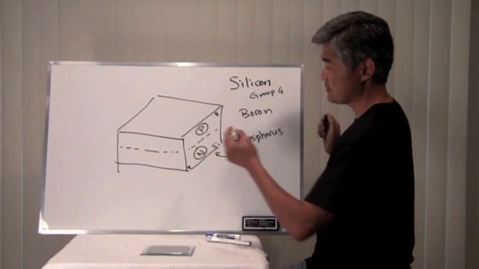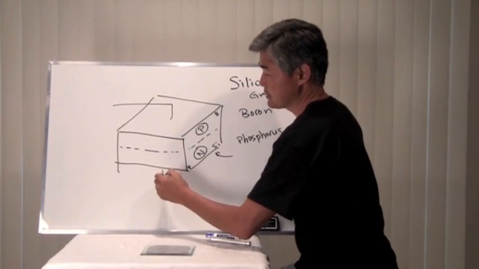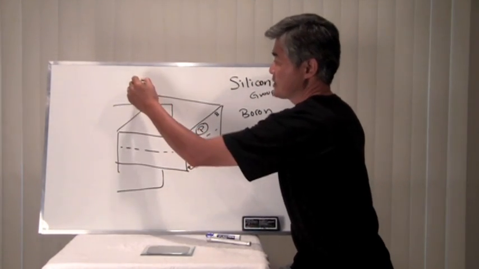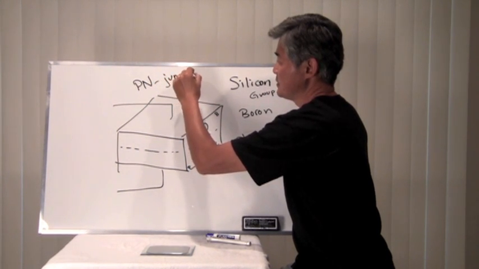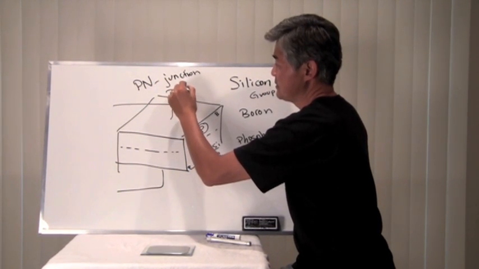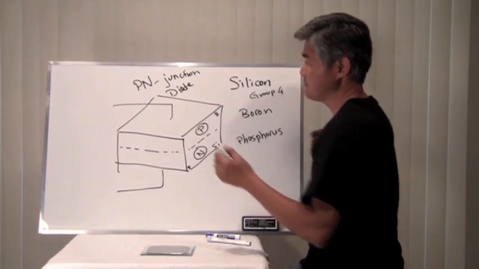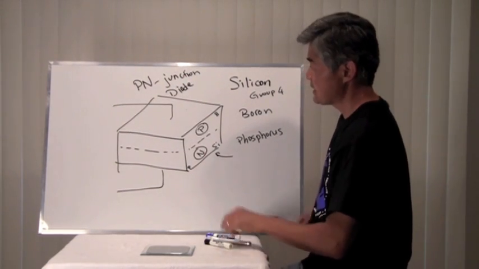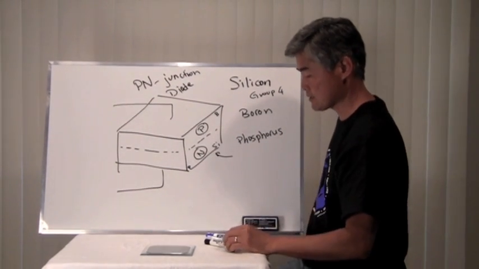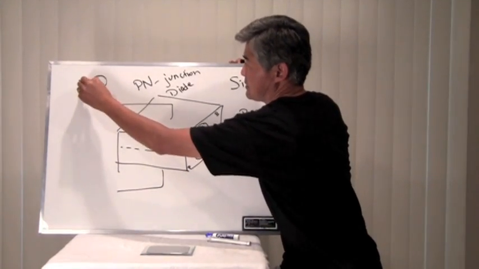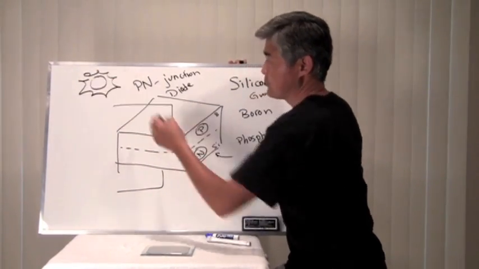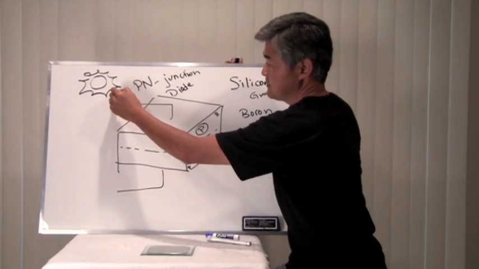This forms what you may have heard called a p-n junction, or p-n diode. Now, in the case of the solar cell, we have a source of energy in the form of light coming from the sun.